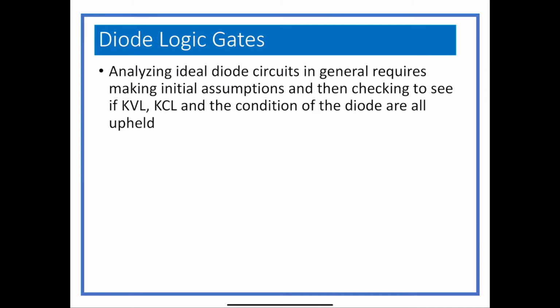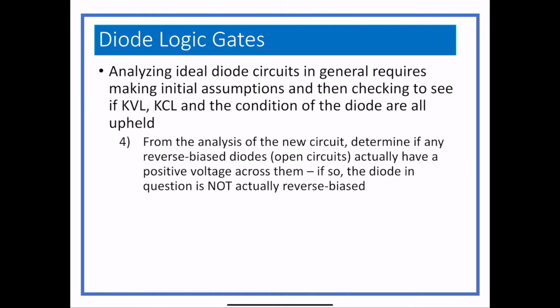In other words, if you look at the new circuit and you've said this diode is reverse biased, but then you notice that it actually has a voltage at the back and the front which would cause it to be forward biased, then your assumption is not correct. So you have to go back and reassess the circuit.